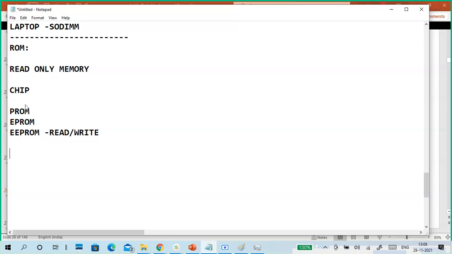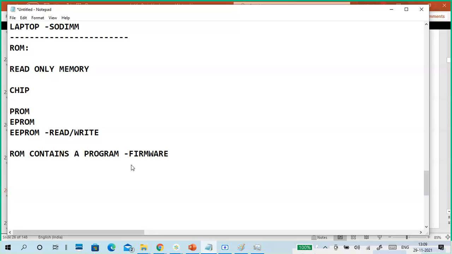Next, the ROM contains a program. I already told you the program is burned into the ROM chip. So the ROM contains a program that is called firmware.